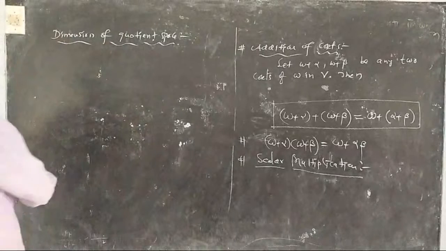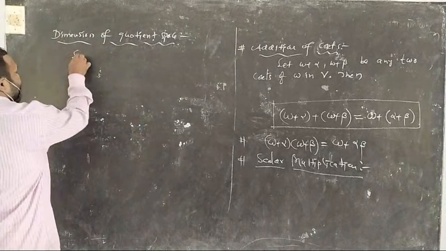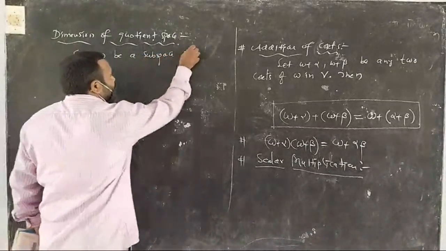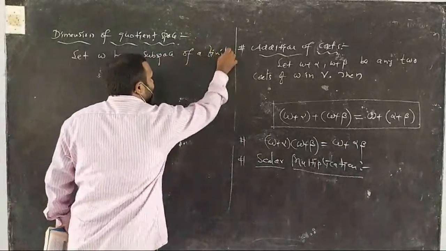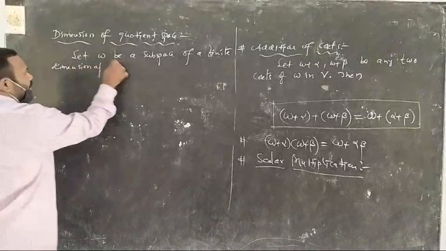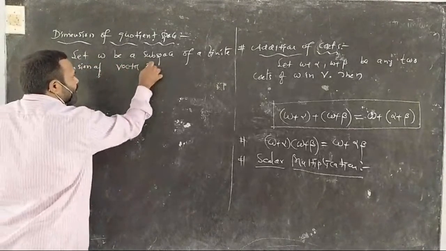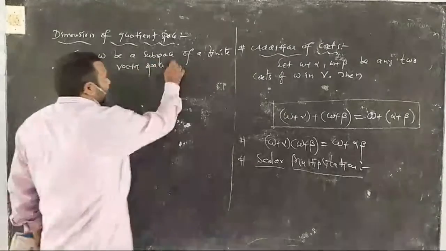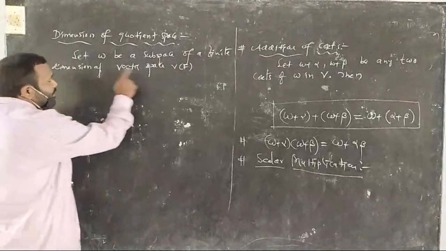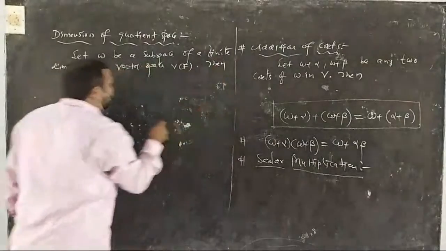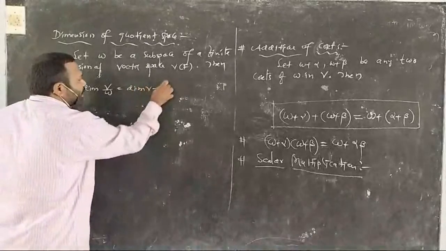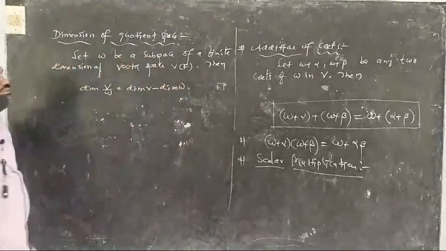Statement is, let W be a subspace of a finite dimensional vector space V of F. Then dimension of V by W equal to dimension of V minus dimension of W. So this is the statement.